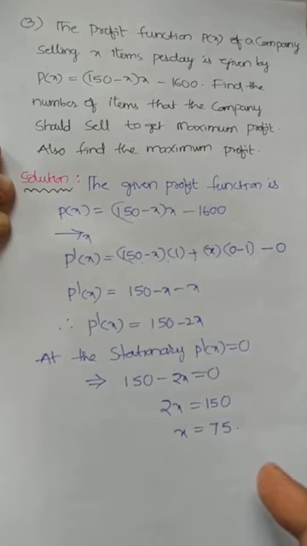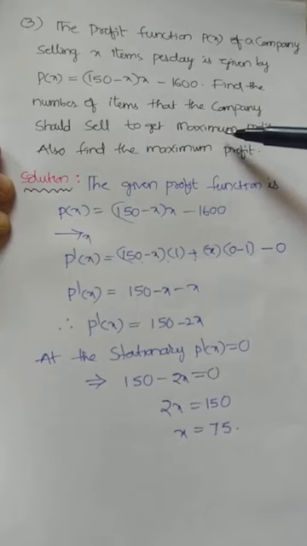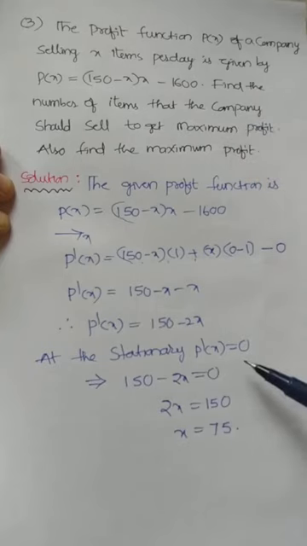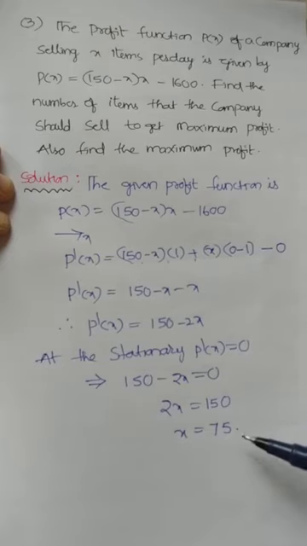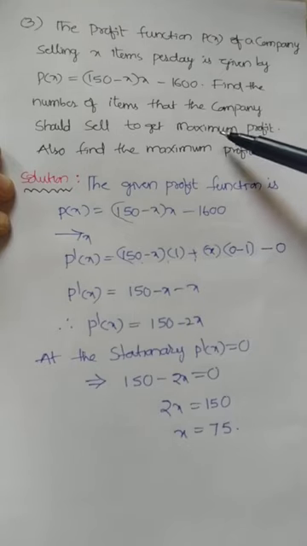Although we got only one stationary point, he is asking in the problem about the maximum. Meaning its second derivative at x is equal to 75 must be less than 0. So P double dash of 75 must be less than 0 to get the maximum profit.